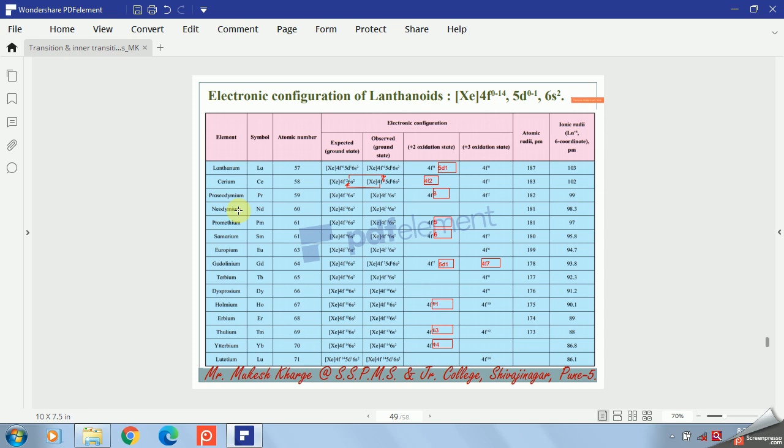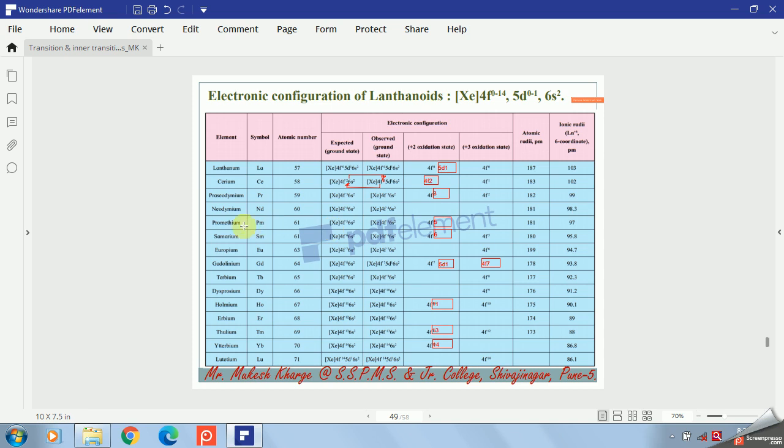The atomic number is 60 and the observed and expected electronic configuration is the same, xenon 4f4 6s2.